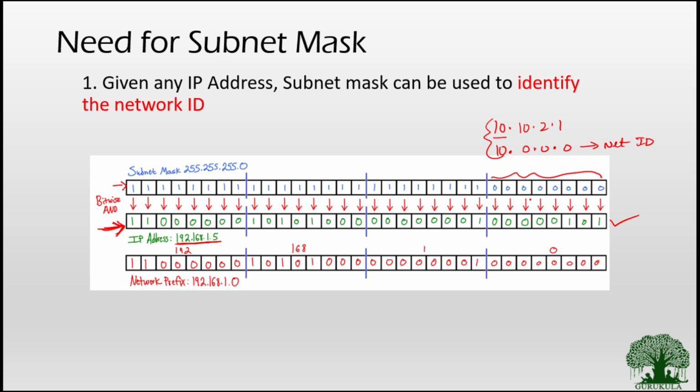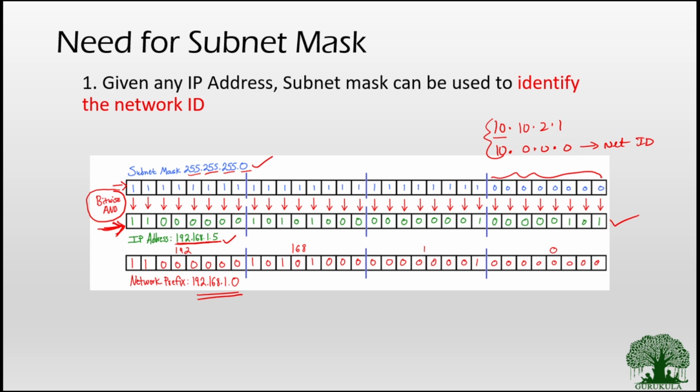In the subnet mask, we put all ones representing the network and all zeros representing the host. So my subnet mask will be 255.255.255.0. Now you perform a bitwise AND operation between the subnet mask and the IP address, which gives you the network ID of the given address space.